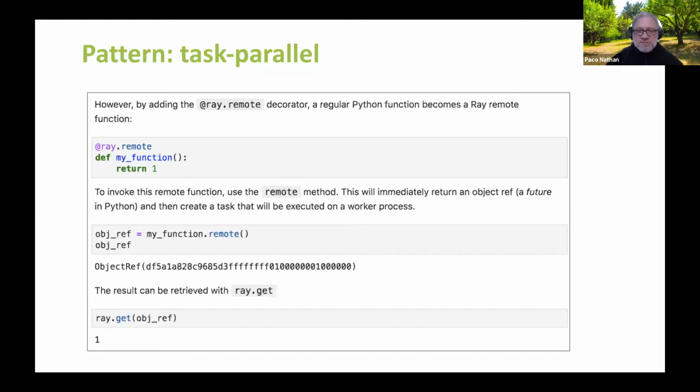It's a big long hex string defining that future. Then when we want to perform the work and get the result back, we call ray.get with that object ref, and that will return the value that's computed. So this is a way that we can take a whole bunch of small chunks, farm them out across the cluster, and then pull back in the results. Implementing MapReduce, at least the map phase of it, with that should be trivial.